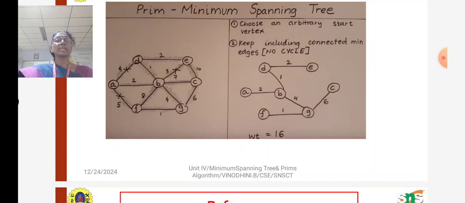From the random vertex, find the adjacent vertices, and add the vertex whose edge has the minimum weight to the tree. Next, we find the adjacent vertices of the second vertex. This process is repeated until we have visited all the vertices. This is the procedure for Prim's algorithm.